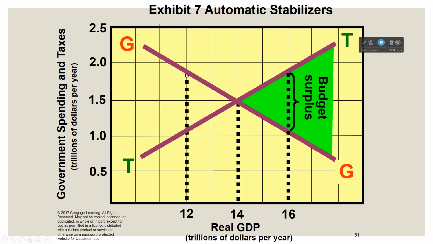So that increases government spending. And here you have a budget deficit where the government is spending more money than they take in taxes. And that's the opposite of a budget surplus, where the government's taking in more in taxes than spending. So these would tend to help stabilize the economy.